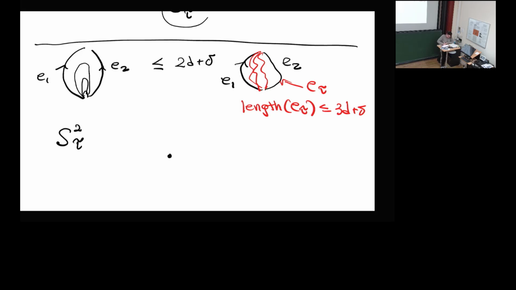I'm going to take points P, points Q, keep E2, keep E3, but instead of E1, I'm going to use E tau. And so I have points P and Q connected with 3 curves. I can consider 3 pairs of curves and contract them to a point as a loop. If I get stuck in a geodesic loop, then I win. So this is a geodesic loop.